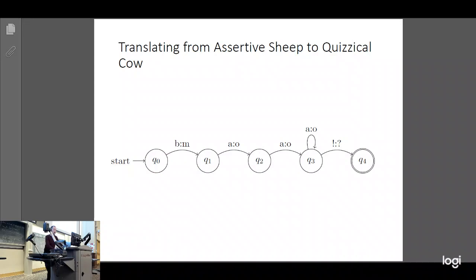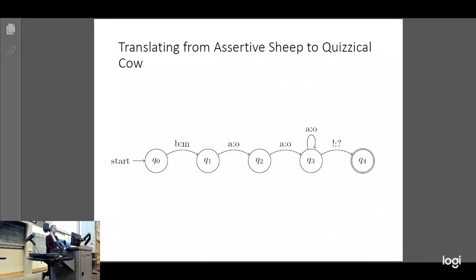We read B from the input tape, write M to the output tape. Read A from the input tape, write O to the output tape. Read A from the input tape, write O to the output tape. Then read exclamation point from the input tape and write question mark to the output tape, and then we're done. So we've successfully transduced ba to moo.